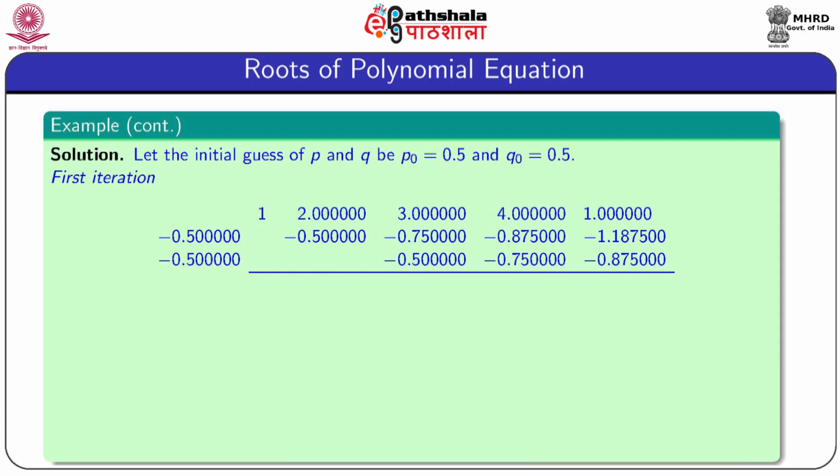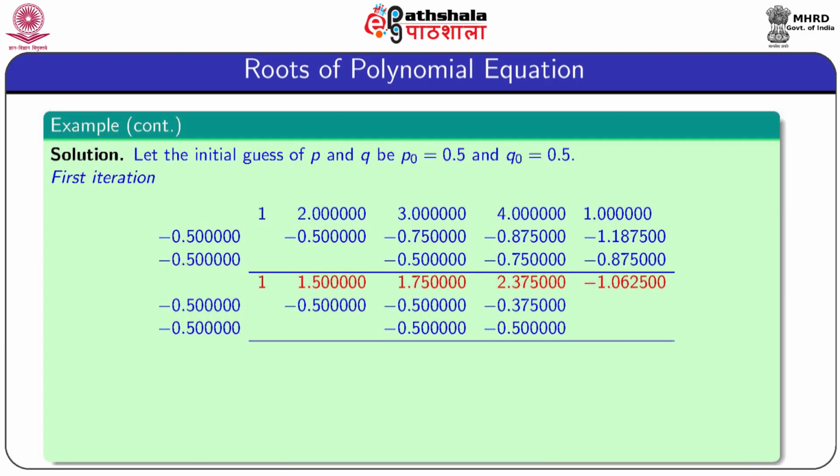In the first iteration, the first row contains the values of A's, the second row contains the values of B's multiplied by minus P0, and the third row is the values of B's multiplied by minus Q0, and the sum of the columns represents the values of B's. Similarly, we obtain the values of C's by adding the first column, second column, third column, and so on.